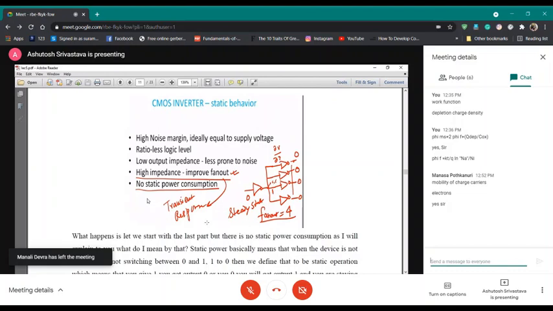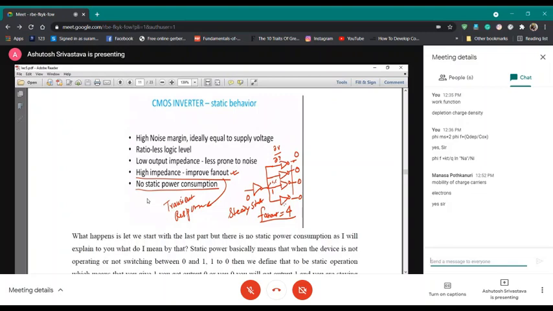So we shall be defining fan out. Suppose in the steady state, this inverter is connected to 4 other inverters. So output of inverter 1 is connected to input of 4 inverters in the next stage.